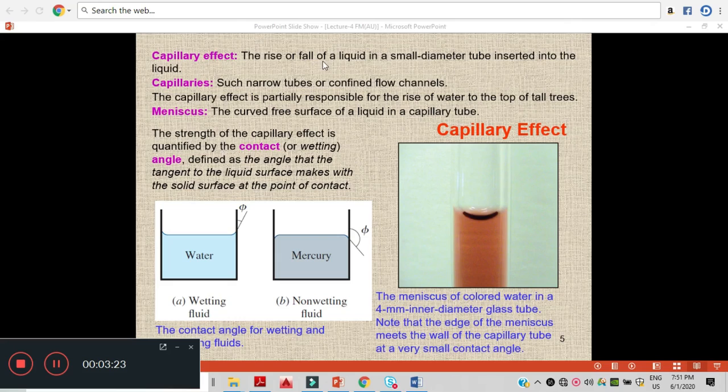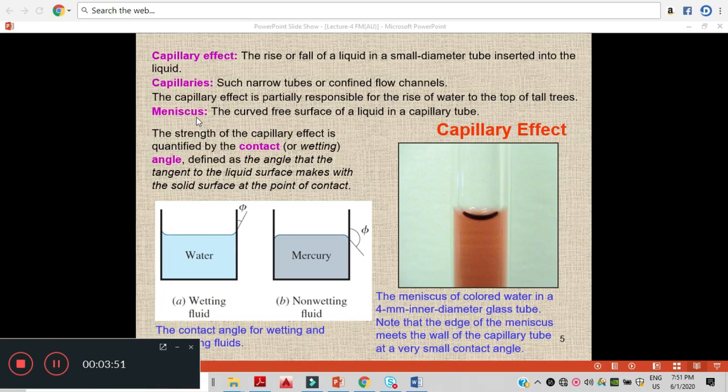Such rise or fall is called the capillary effect. Capillaries are such narrow tubes or confined flow channels. The capillary effect is partly responsible for the rise of water to the top of tall trees.